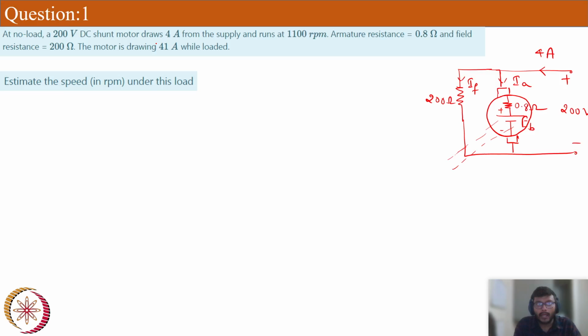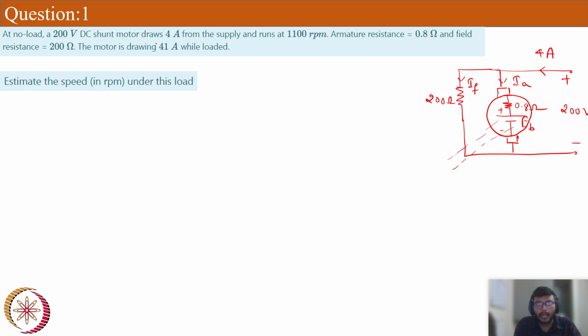In no load, let's say field current IF1 is equal to V divided by RF, that is RSH. Notation 1 I am using for no load and 2 I will use for loaded. If there is no notation, it means it is the same in both cases. Even if it is loaded or no load condition, my supply is the same V, so I'm not giving V1 or V2 for supply.